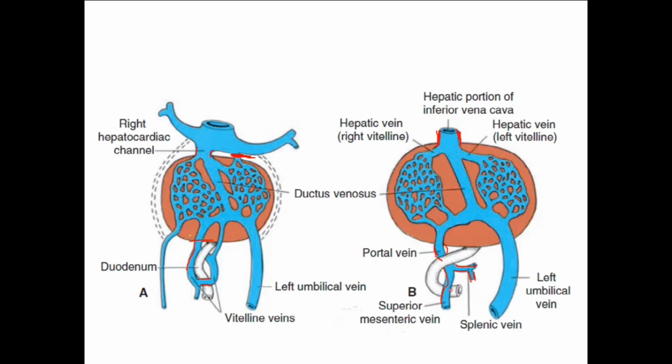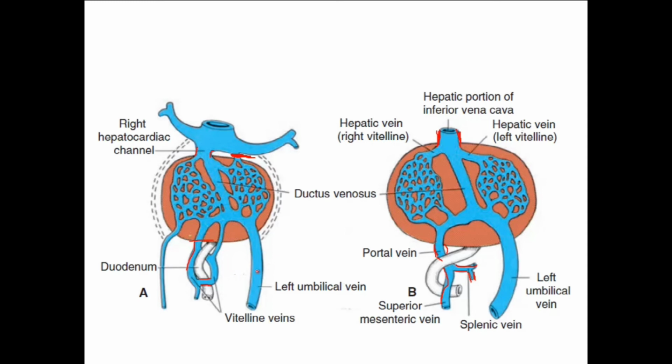Now, that is all about the right Vitelline vein. What will happen to the left? Left will obliterate. That is the post hepatic part, the part caudal to the liver, is obliterated, the left Vitelline.